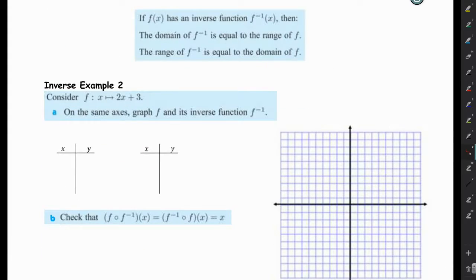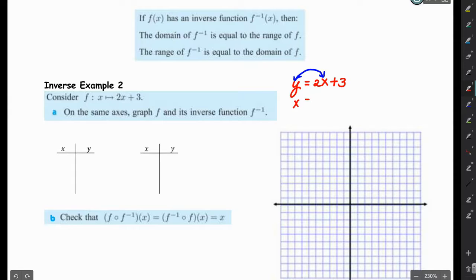All right, so let's do one a little bit slower here, a little bit more carefully. We have this function 2x plus 3. First of all, I'm just going to show you algebraically how to find the inverse function if we needed that. So we have y equals 2x plus 3, and we are going to just switch the x and the y.